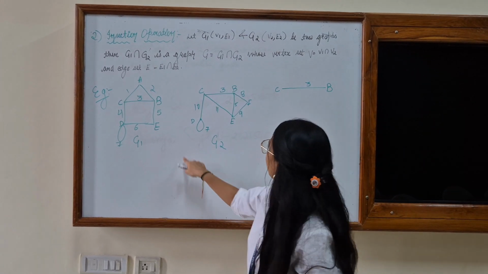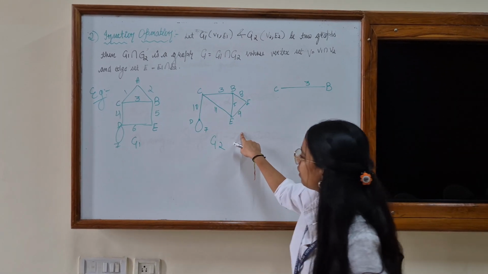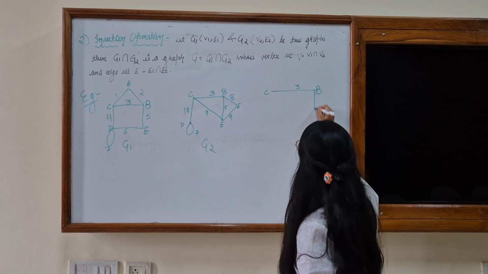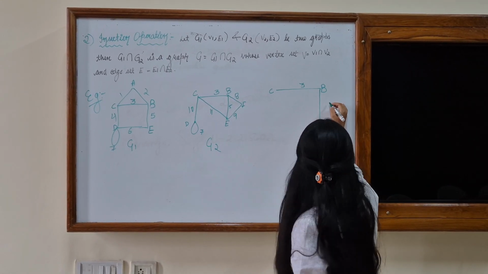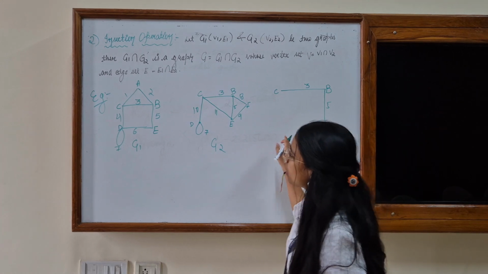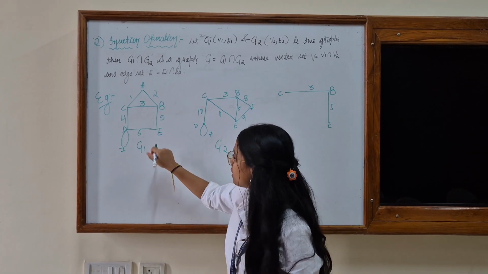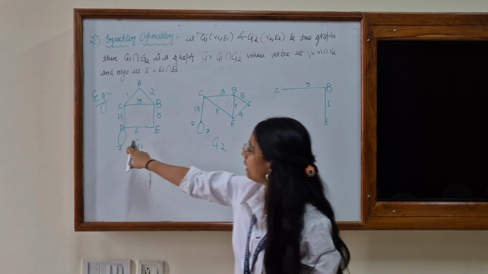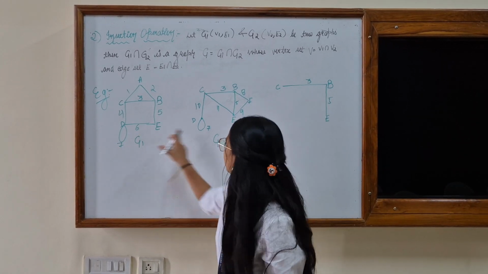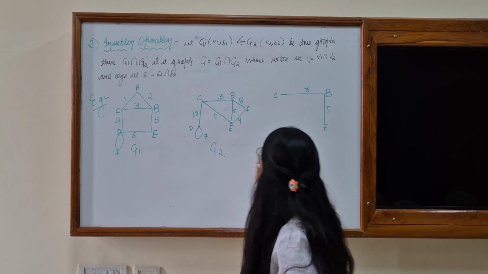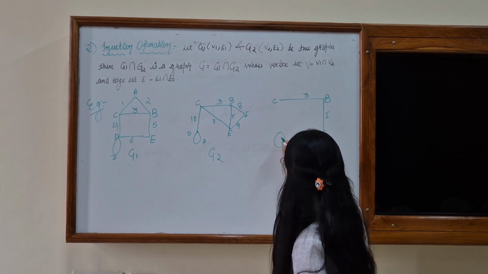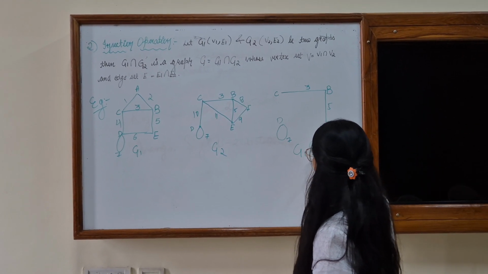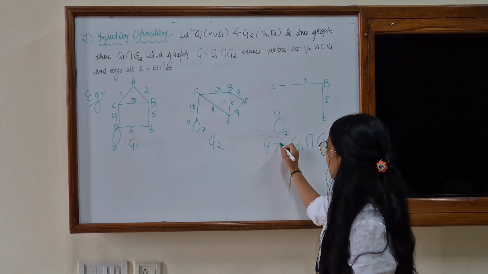Now we can see that BE is also there and has the same edge weight, so we can draw BE, which has edge weight 5. Now CE is there, but the weights are different, so we can't draw that. But this loop on D, both graphs have D with the same weight, so we can draw D as well, at 7. And this is the intersection between G1 and G2, which we represent as G.